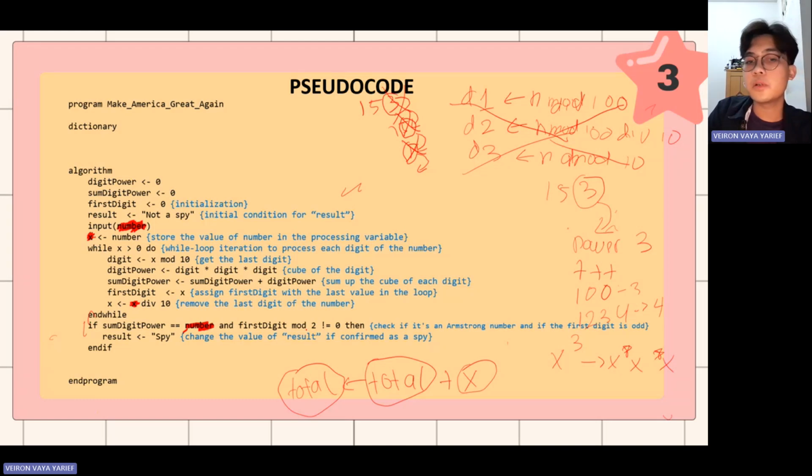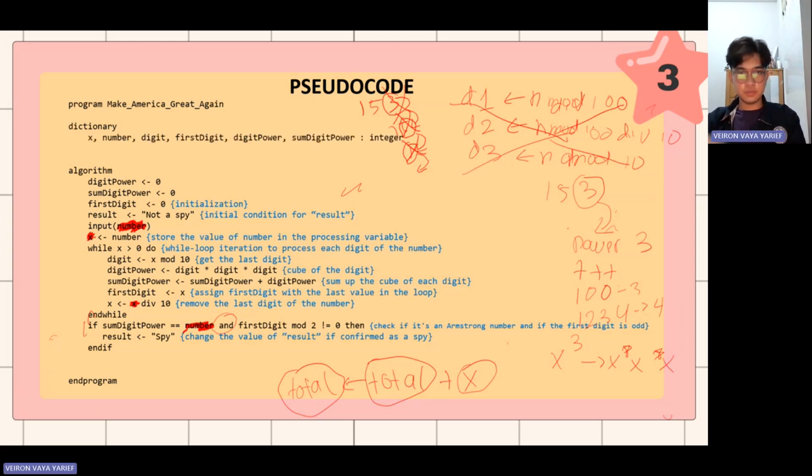If the number mod 2 doesn't equal 0, it's an odd number. Okay, so if this condition is true, we use and. If you see this, we use the and operation. If both conditions are true, then the result is spy. And the last thing we do, just make the dictionary, and at the end of the day, output the result.